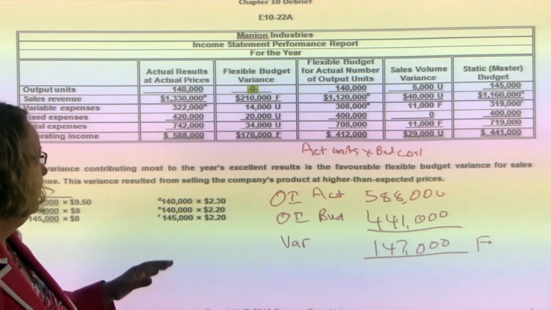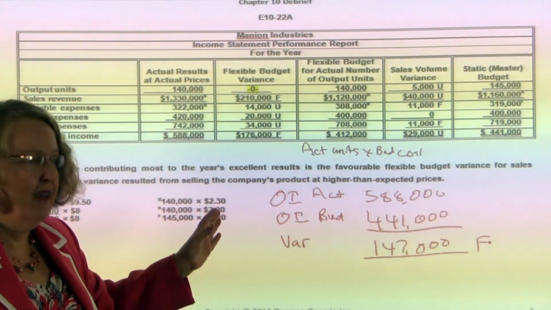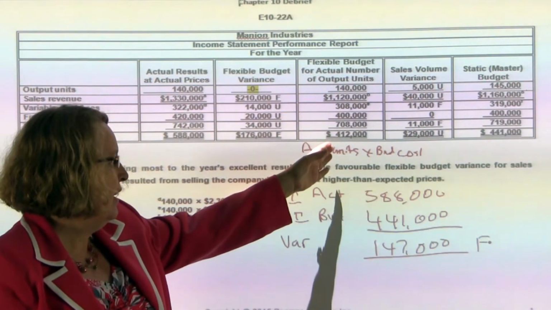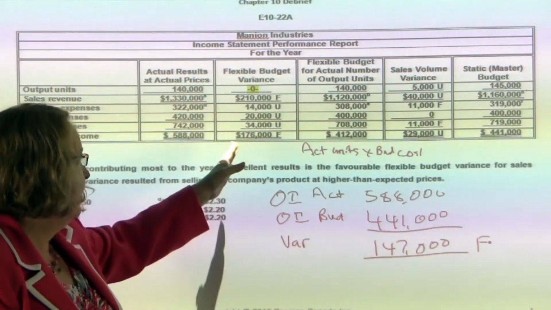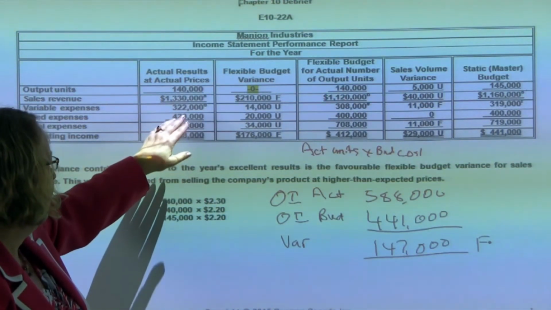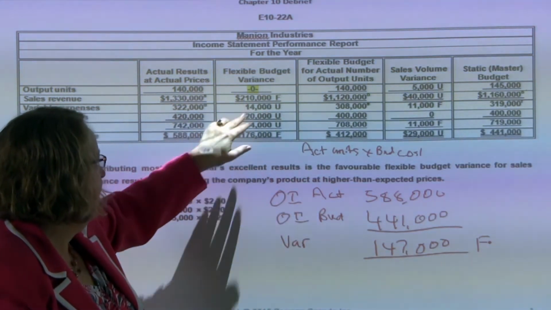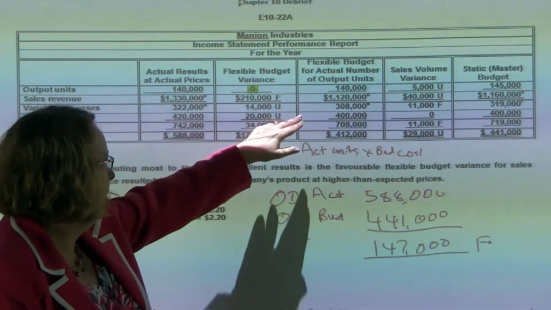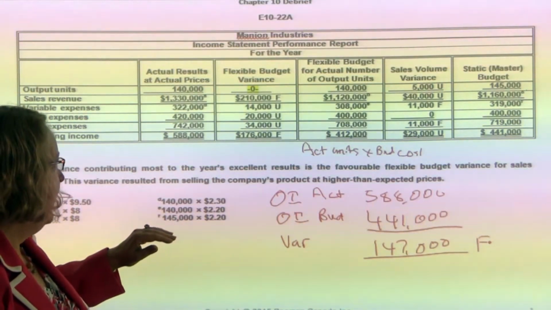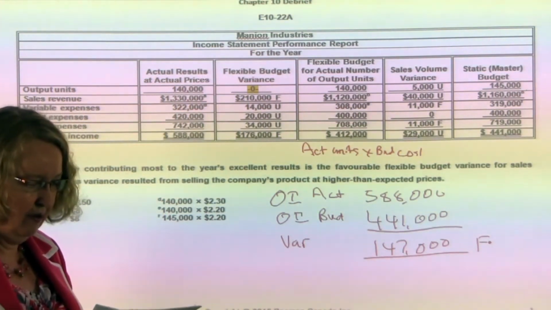So when you compare your actual results based on sales of 140,000 units, you would have expected your operating income to be $412,000. So you've got a favorable variance of $176,000, which is simply calculated by taking actual less flexible, so 322 less 308 equals 14, and so on. Here you have a favorable budget variance of $176,000.